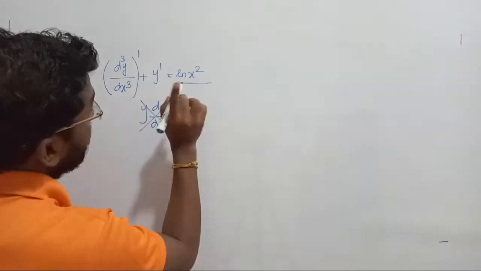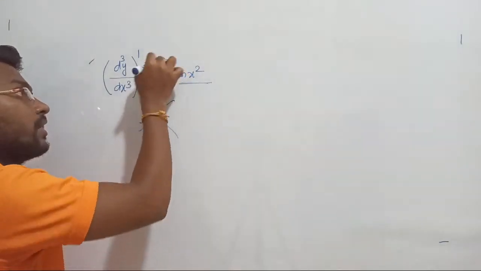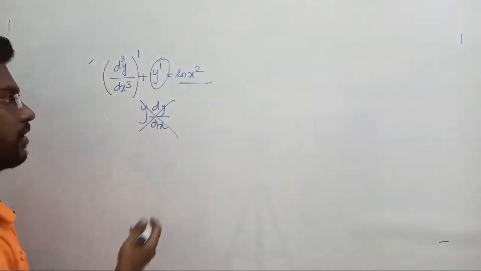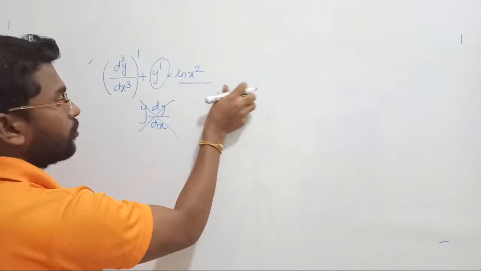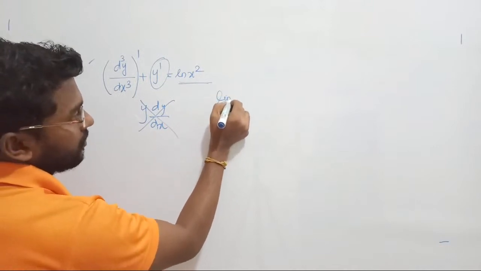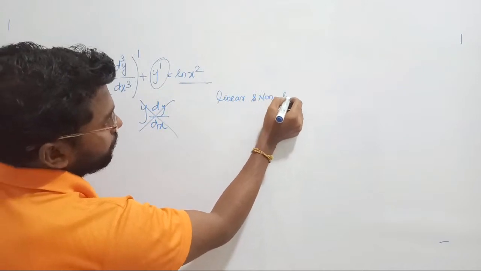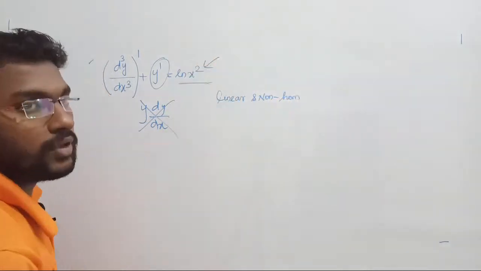Don't think about the independent variable. I told you, your focus should be on the dependent variable. Clear? So the system is linear but non-homogeneous. Why? On the right side we have the signal.